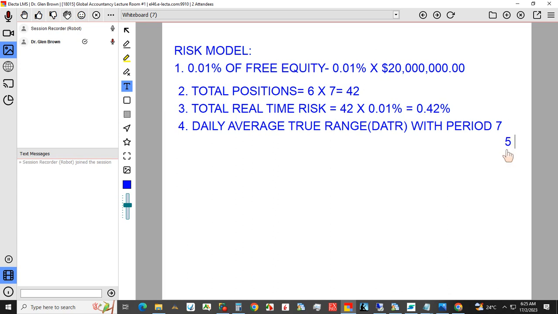So let me just do some backup here. Note 5 is that our global stop loss is equal to 1 DATR 7.